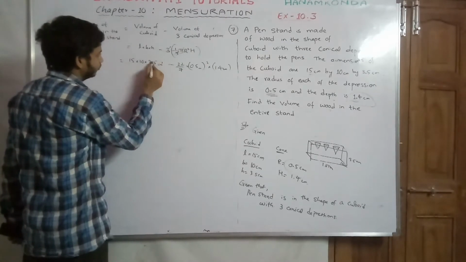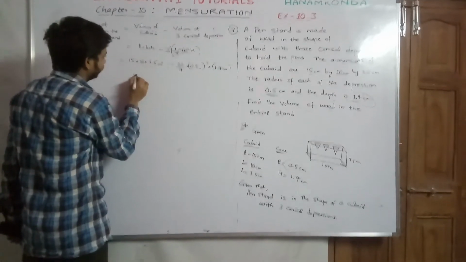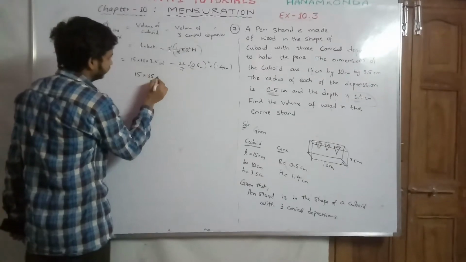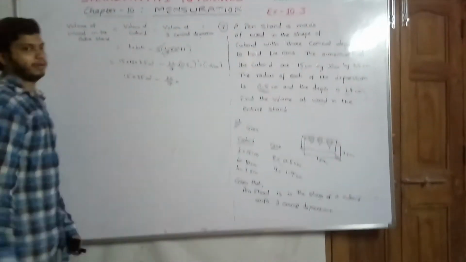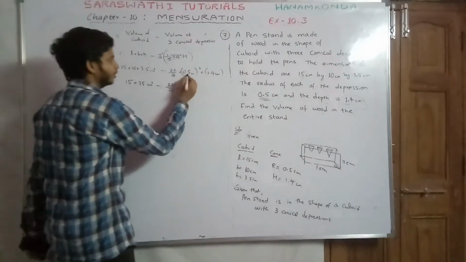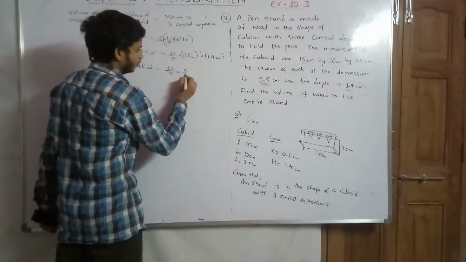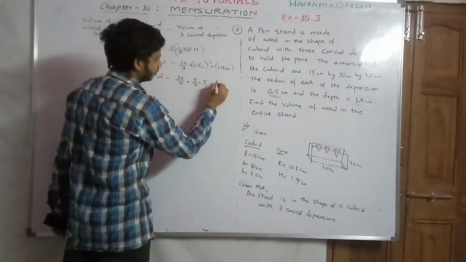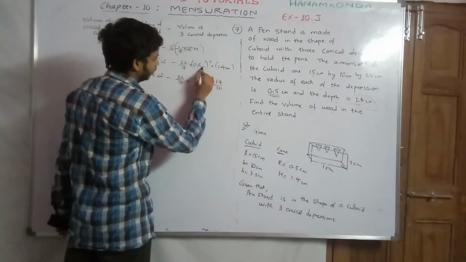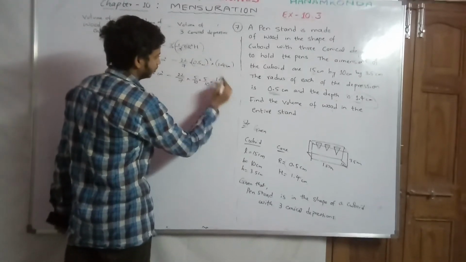So 10 into 3.5 is 35. So 15 into 35 centimeters cube minus 22 by 7 into, 0.5 can be written as 5 by 10. So 0.5 whole square is 5 by 10 into 5 by 10, into 1.4, which can be written as 14 by 10. Centimeter square into centimeter means cubic centimeters.